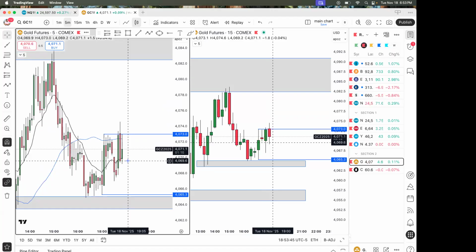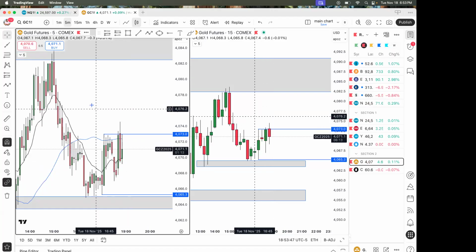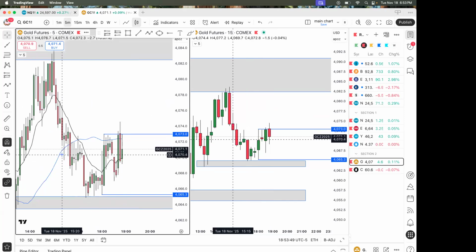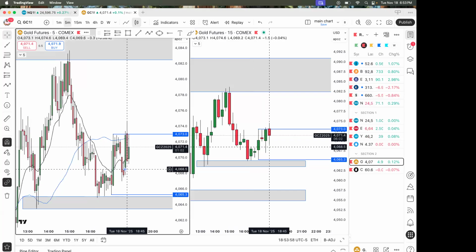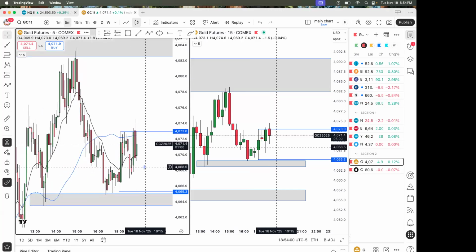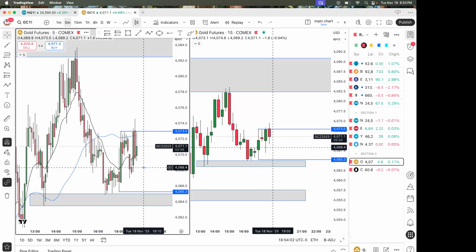Once it breaks out, it's going to do some crazy stuff. And I've been doing this a while. It normally turns back into the orb, like it's about to go into the orb, and then it'll take off. Or it can just continue back into the orb. That's why you wait for a few seconds for that candle to show you what it wants to do.